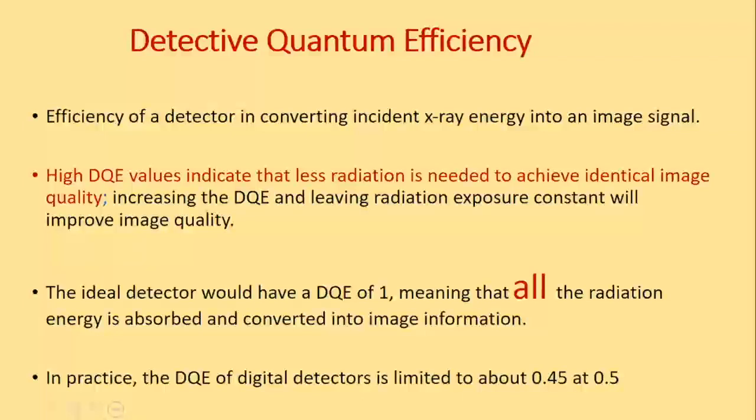What is DQE? When you say detective quantum efficiency, it means if I have a single incident X-ray photon, this should be converted to an image. It should not be lost somewhere along the way. Just to give a perspective, if I have 100 photons coming in, all the 100 should give me an image. No loss. If I have 200, I need 200.